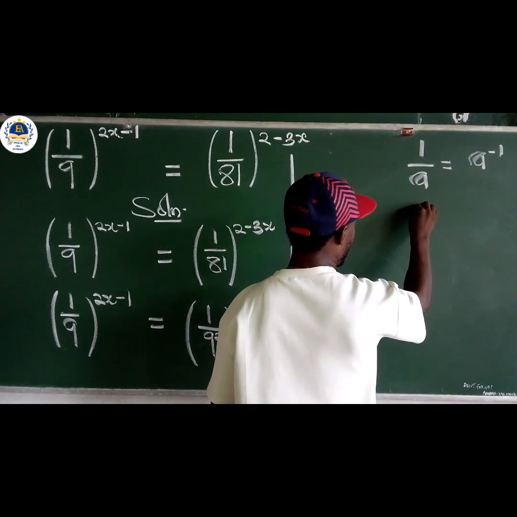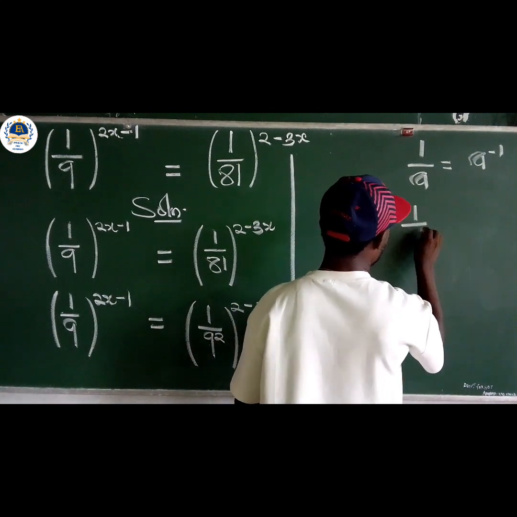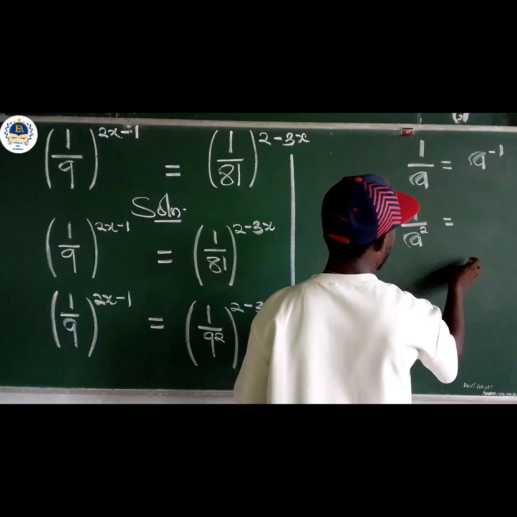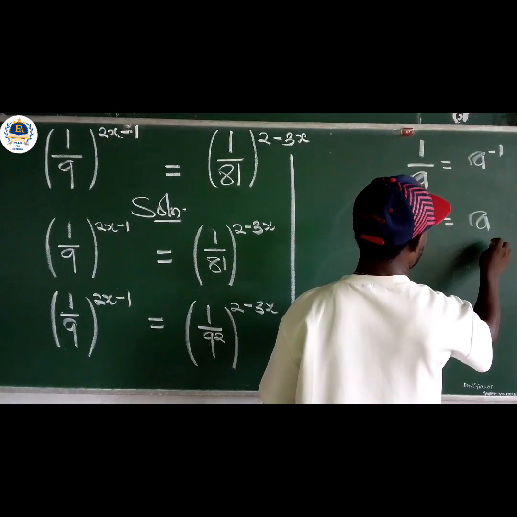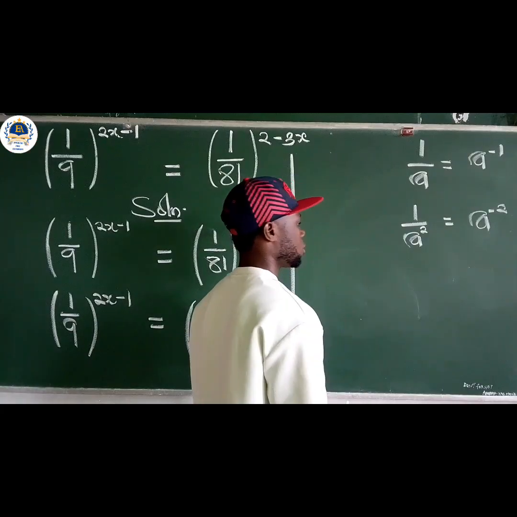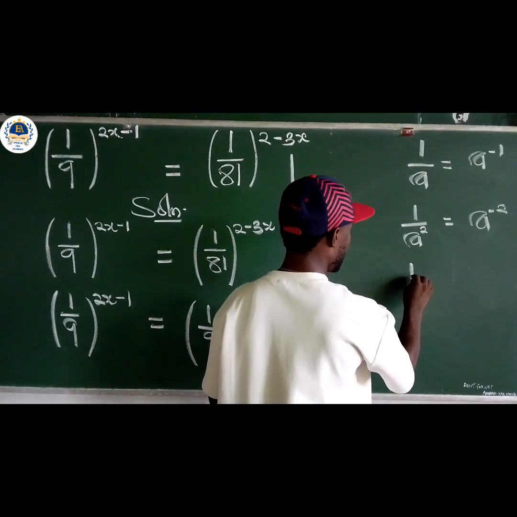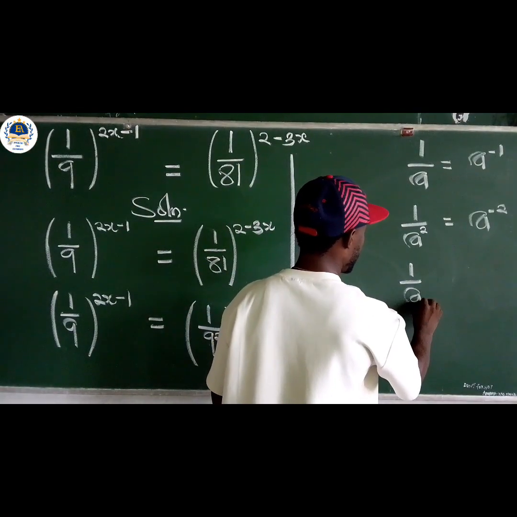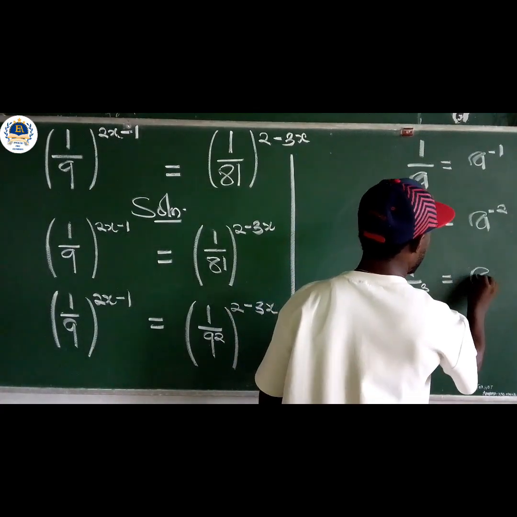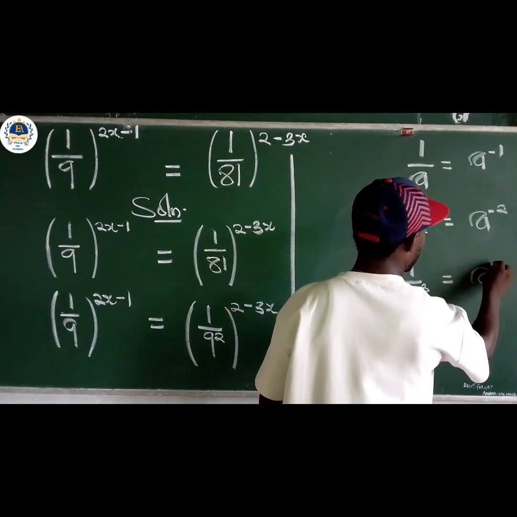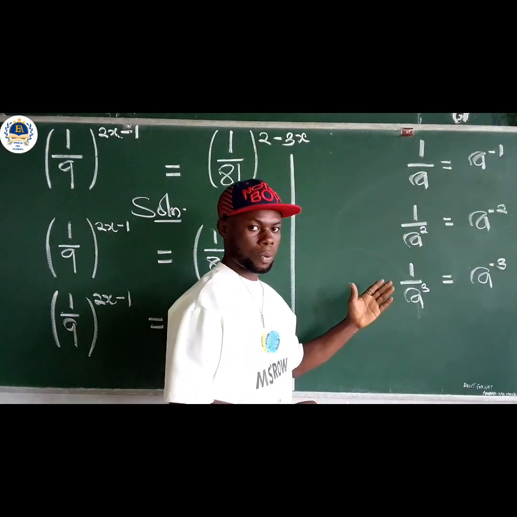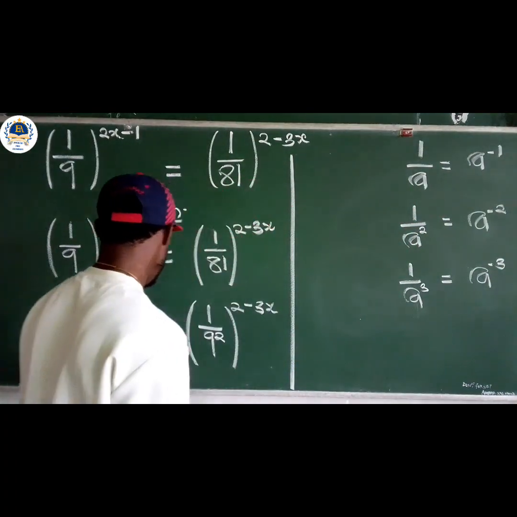Again, 1 over a raised to the power of 2 is the same as a raised to the power of minus 2. Again, 1 over a raised to the power of 3 is the same as a raised to the power of minus 3. We have to bring this knowledge over to this bracket.